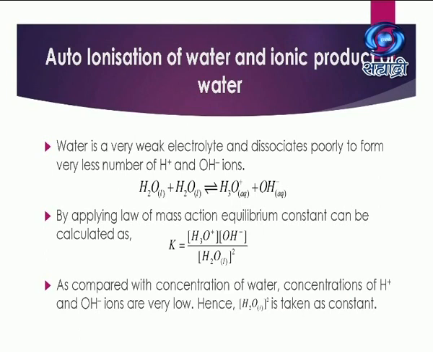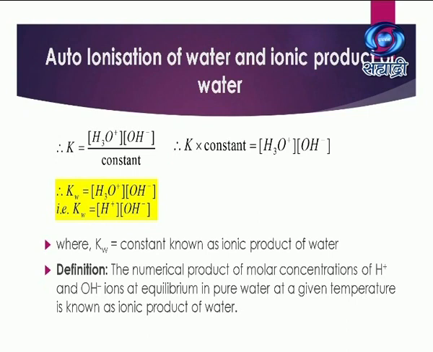Now, as compared with the concentration of water, the concentrations of H plus and OH minus ions are very low since it is a poor electrolyte, as we saw. And so the denominator we can take as constant. So K is equal to active mass of H3O plus into active mass of OH minus upon constant.